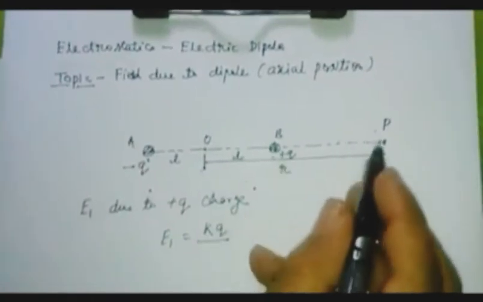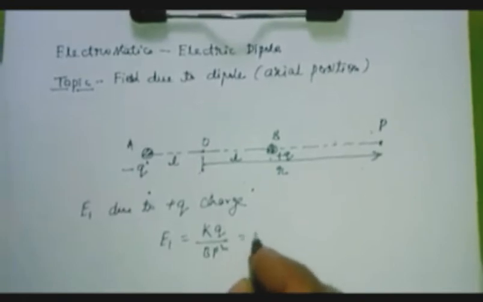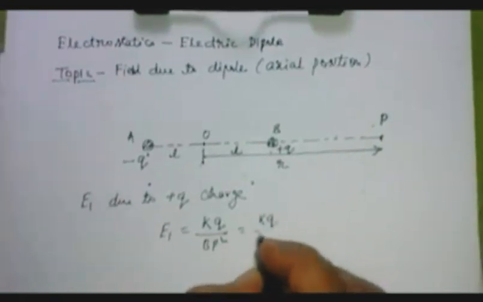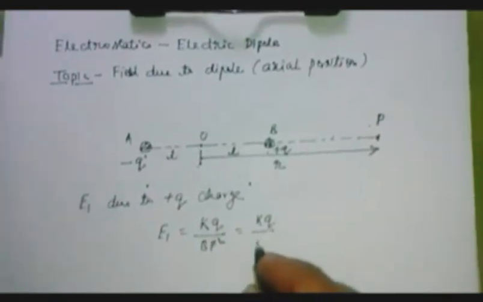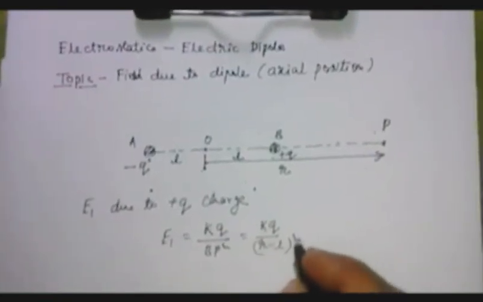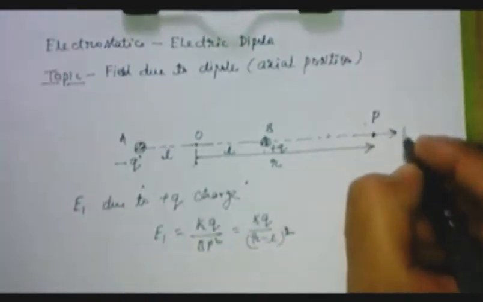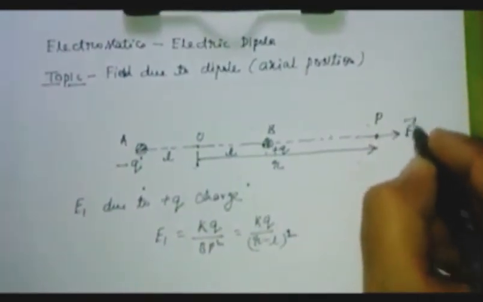What is the distance? The distance is BP. So this is BP square, and BP will be r minus l, whole square. As the charge is positive, the field will be directed away. So this is E1.